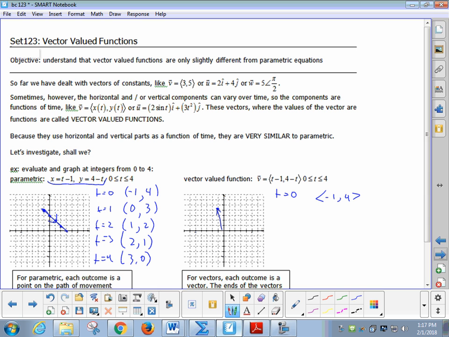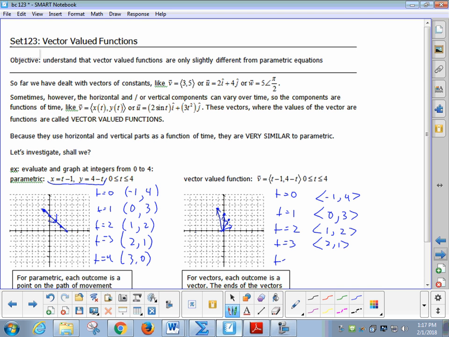Okay? Then when time equals 1, I would get not the point 0, 3, but the vector 0, 3. And that would be here. At time equal 2, I would get the vector 1, 2. Here. Time equal 3, vector 2, 1.